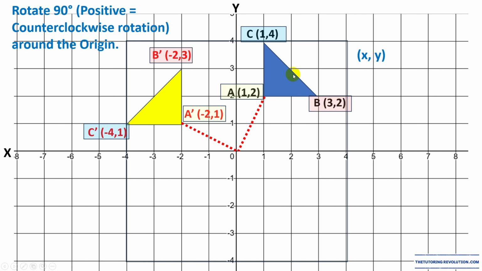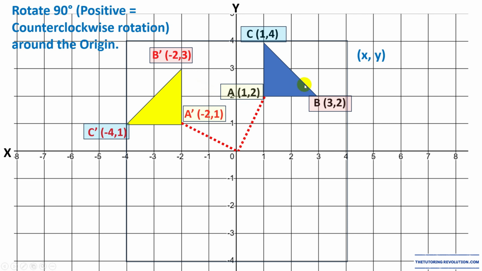Now, if we compare these coordinates, A and A prime, we realize that we are basically switching these numbers. Here the x is 1 and the y is 2. Here the x is -2 and the y is 1. Basically we flip these two numbers and we make this coordinate negative.